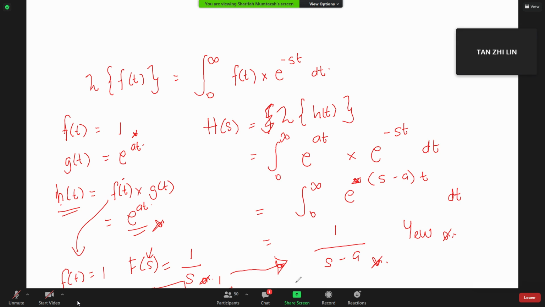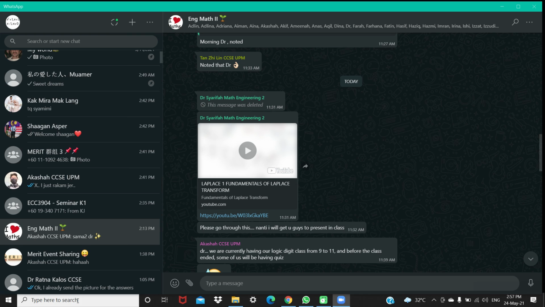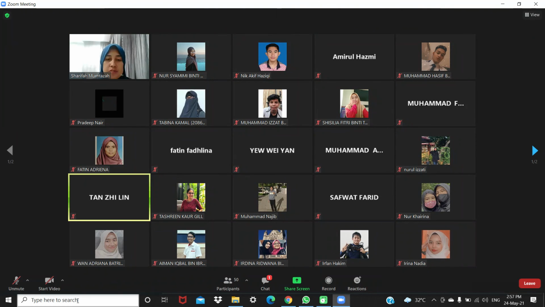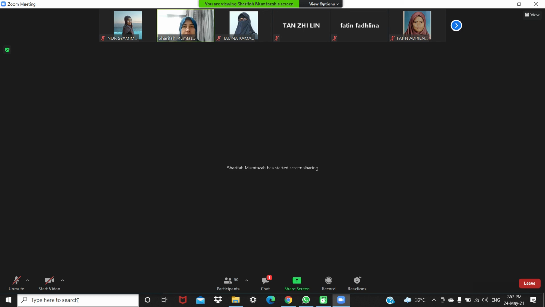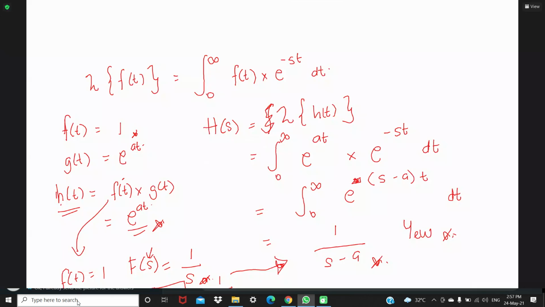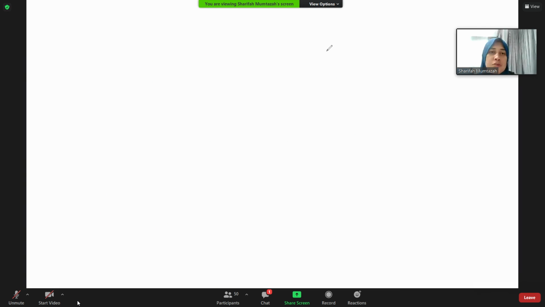So in other words, all you have to know is the formula: if you have a signal f(t) and you multiply it with another kernel, then the Laplace transform will be F(s minus a).